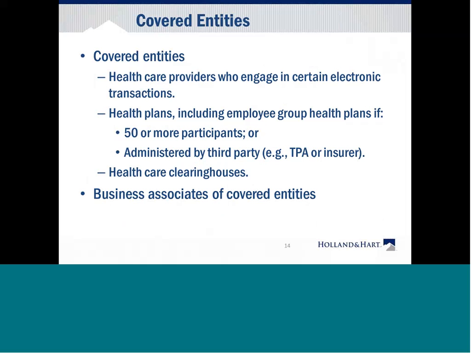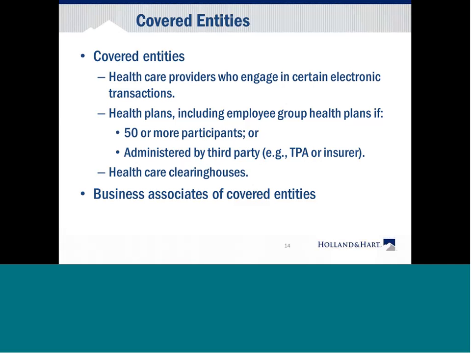It also applies to health plans, including employee group health plans if you have 50 or more participants or they're administered by a third party. That means that most of you, even if you're not a HIPAA-covered entity as a healthcare provider, probably work for entities that have an employee group health plan that either has 50 or more participants or that's administered by a third party.